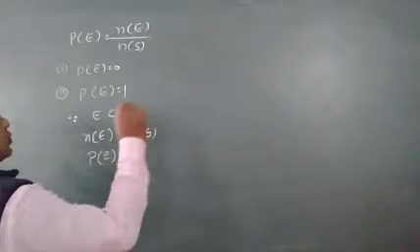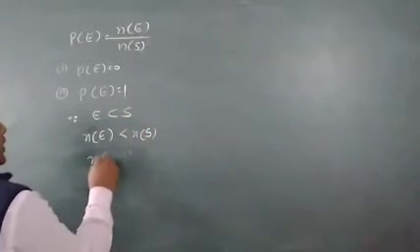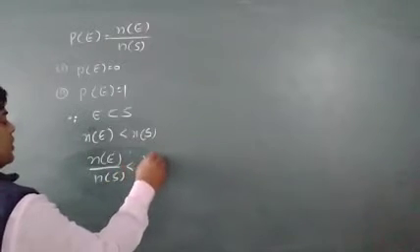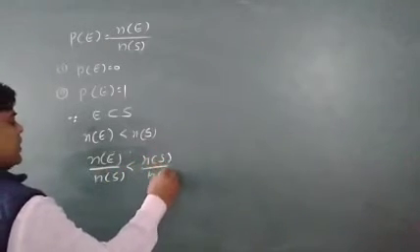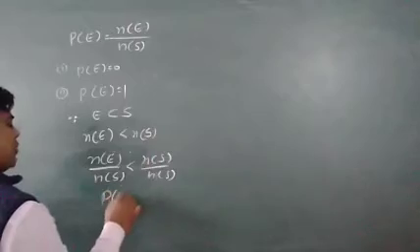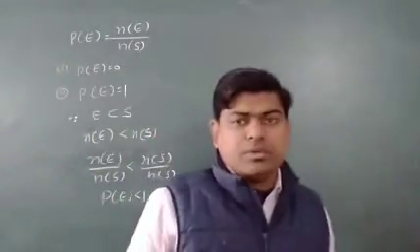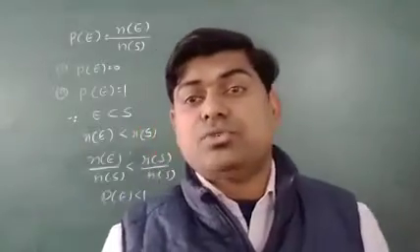We can divide both sides by the number of elements in S, so I get n(E) upon n(S) is less than n(S) upon n(S). That will be 1, so the probability of E is less than 1. Maybe in your book it's written less than or equal to 1.